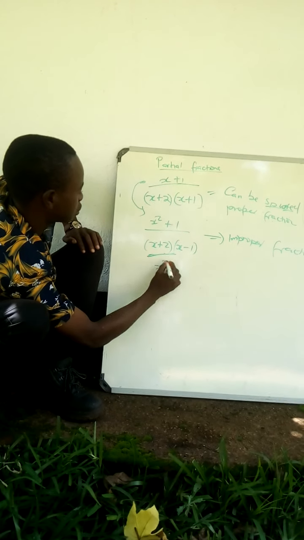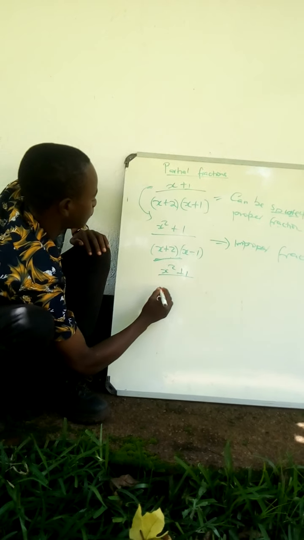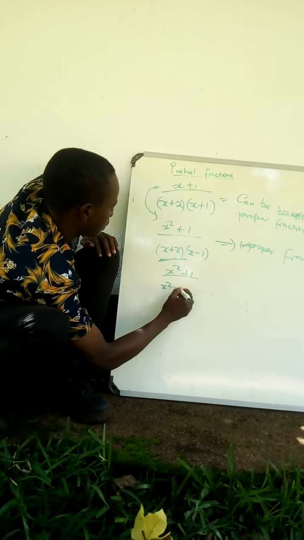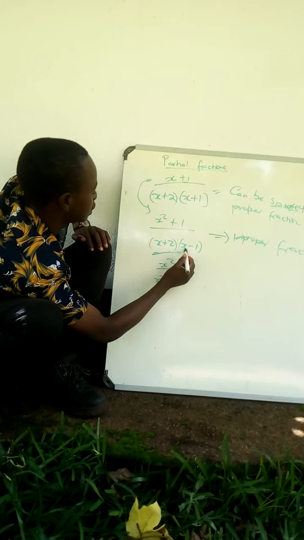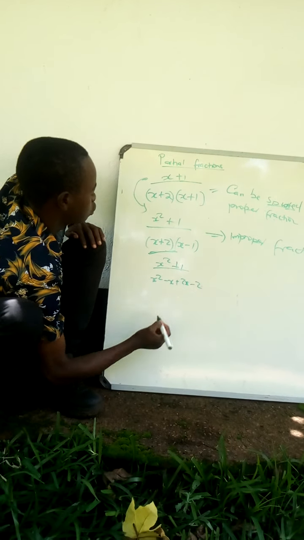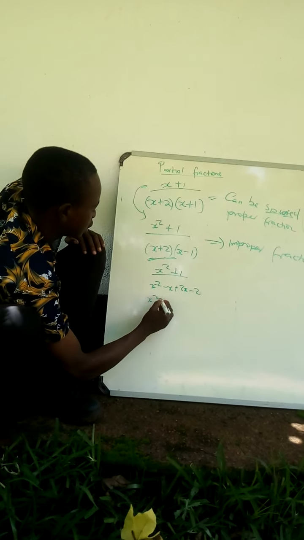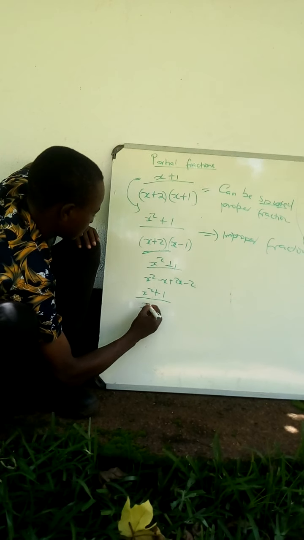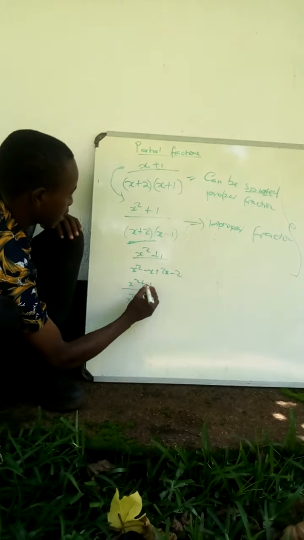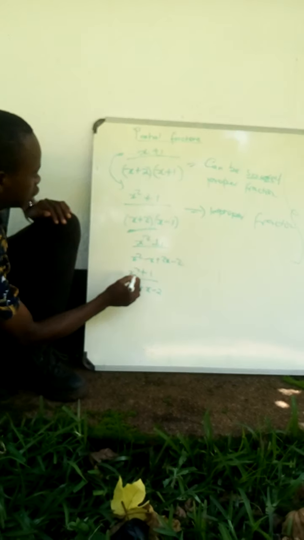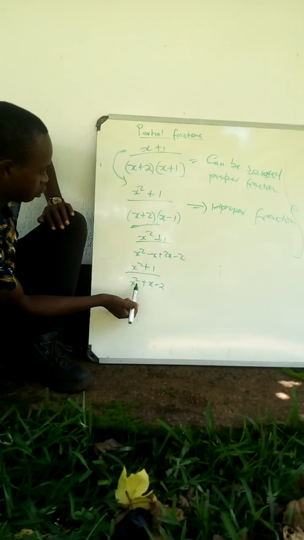So it becomes x squared plus 1 over x squared minus x plus 2x minus 2, so it's going to be x squared plus 1 over x squared plus x minus 2. As you see, this power is equal to this power.